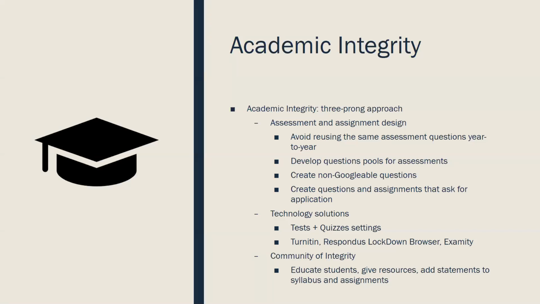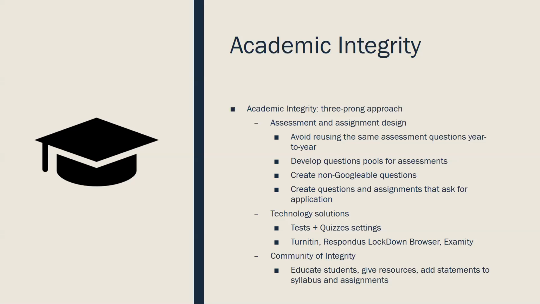When creating these test pools, it allows you to create, say, a bank of 30 different questions and give each student 15 random questions from that pool. So that helps to reduce the duplicate tests, and it provides a more secure testing situation.